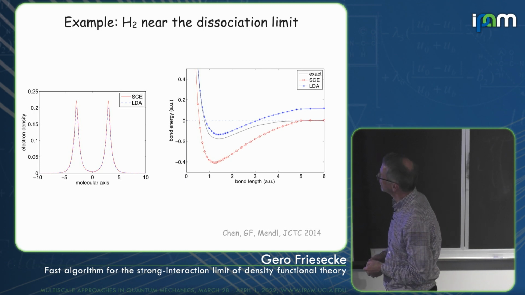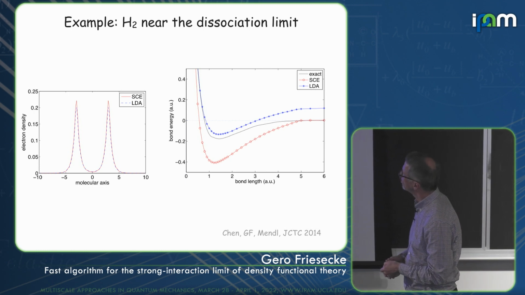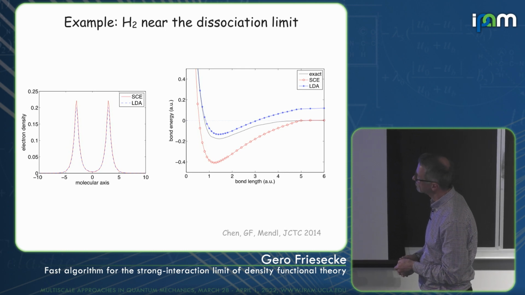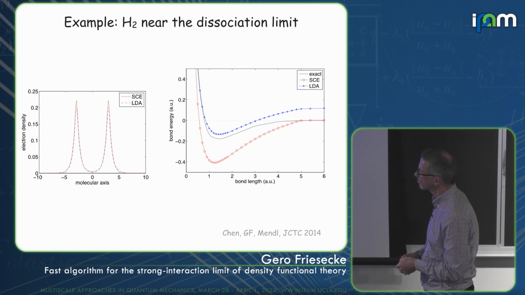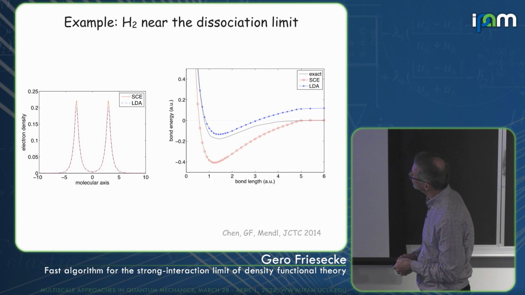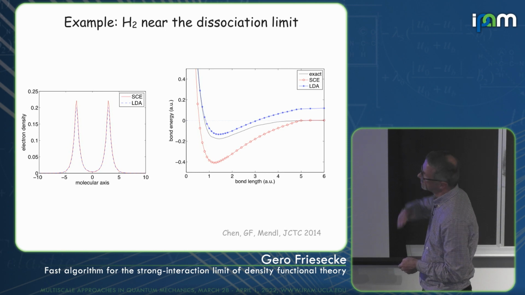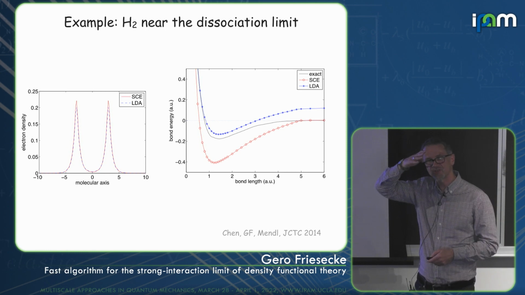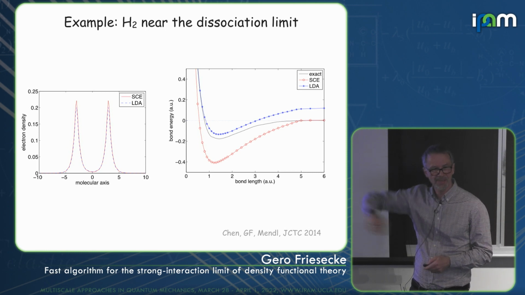What's the explanation? Very roughly, when you pull the atoms apart, there is some region where the density gets small. It's not low density everywhere, but there's some region where the density is small, and that's actually a large region. So the correlation is not mediated by a uniform electron gas of constant density, but the interaction is mediated by a dip of very low density.